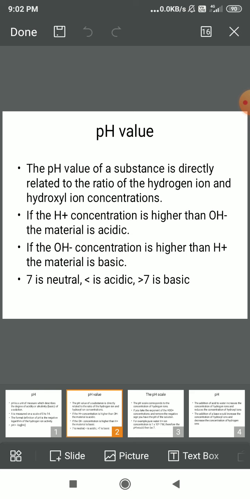If the OH concentration is higher than H+, the material is basic. On the pH scale, 7 is neutral, less than 7 is acidic and greater than 7 is basic.